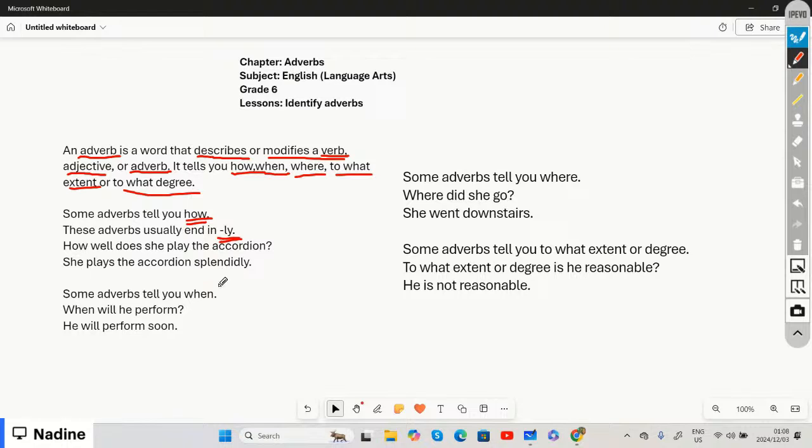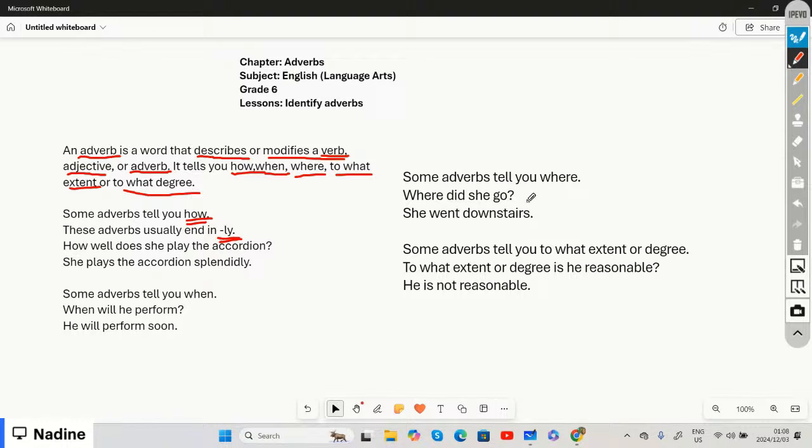It's either being done beautifully, carefully, hurriedly, splendidly, right? That basically tells us how something is being done, or how well something is being played, or how somebody looks, right? And that word, our adverb, it ends in ly.